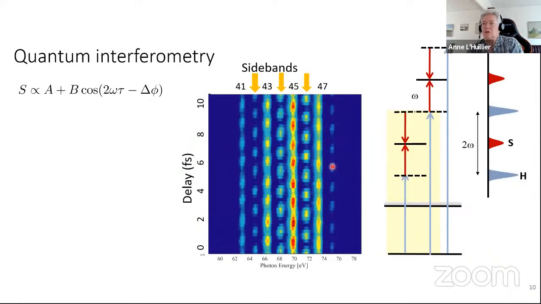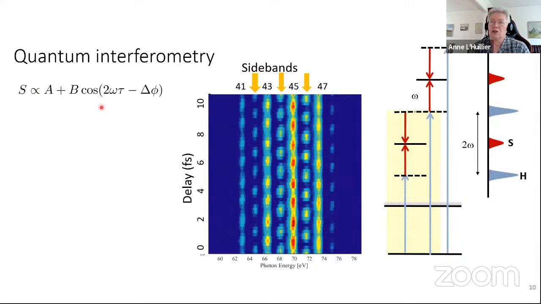So let this slide show you a RABBIT trace. This is the photoelectron spectrum, the electron spectrum in color, as a function of photon energy, or sideband order here, as a function of delay. And you should focus on the signal of the sidebands, which oscillates very nicely at a frequency equal to twice the laser frequency.